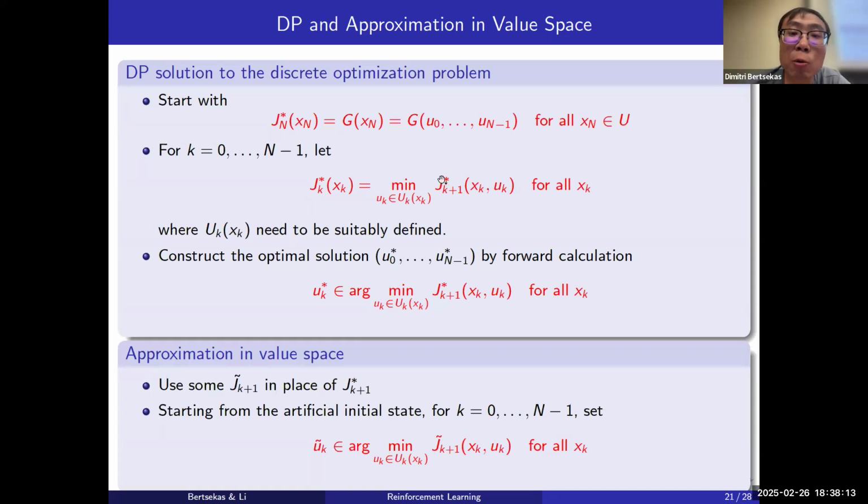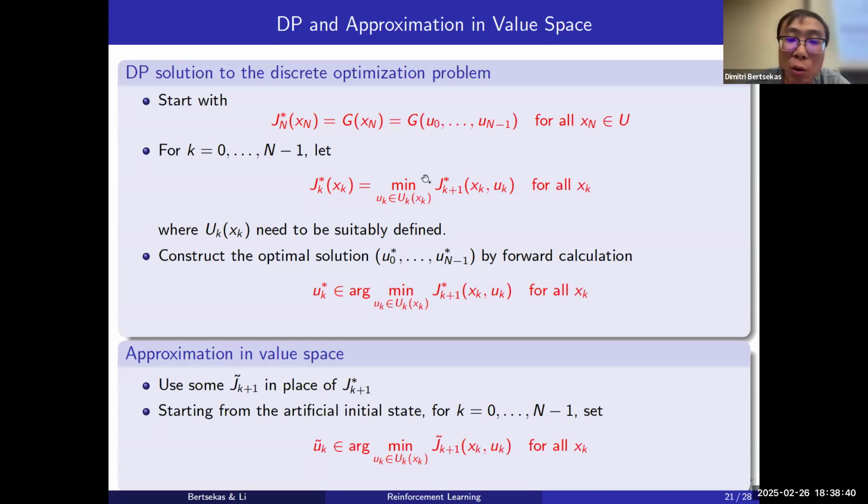So it's a dynamic programming calculation, right? Remember, in the dynamic programming calculation, you start backward in time at stage n and set this function equal to the terminal cost, which in this case is g of xn. And then you run backward in time using the dynamic programming formula.